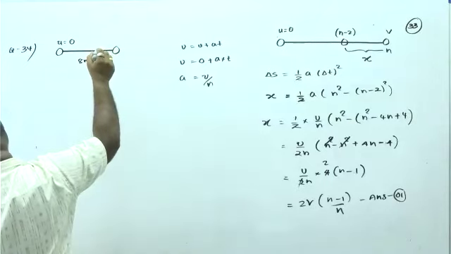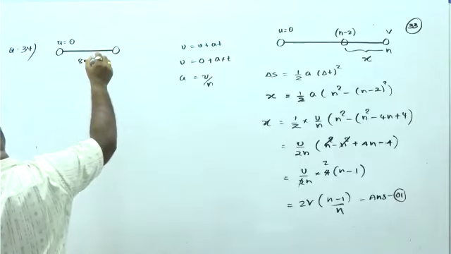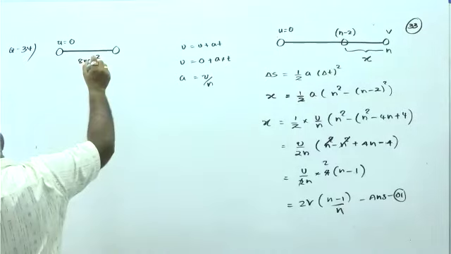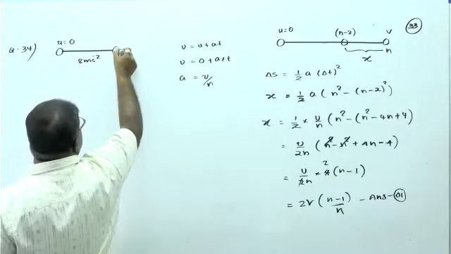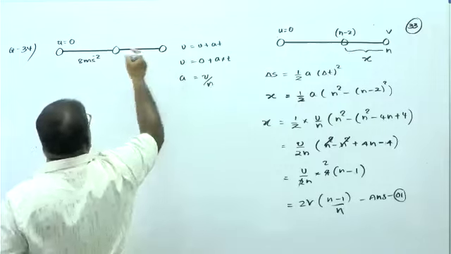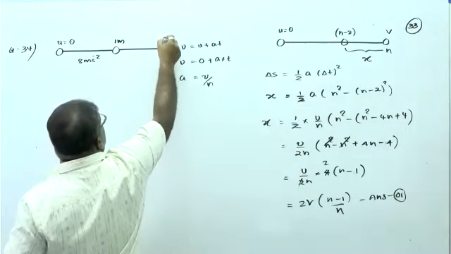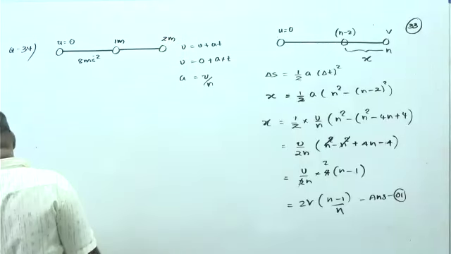Time taken by it to travel the second meter of its journey, in seconds, is... second meter from here to here, first meter, and from here to here, second meter, right?